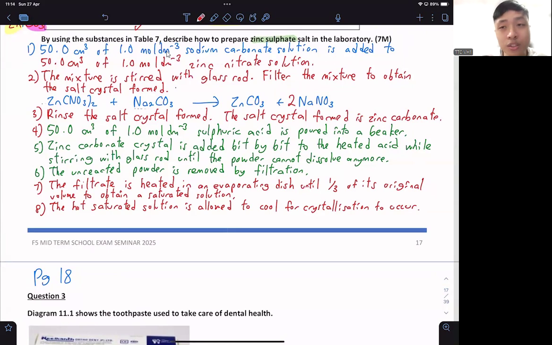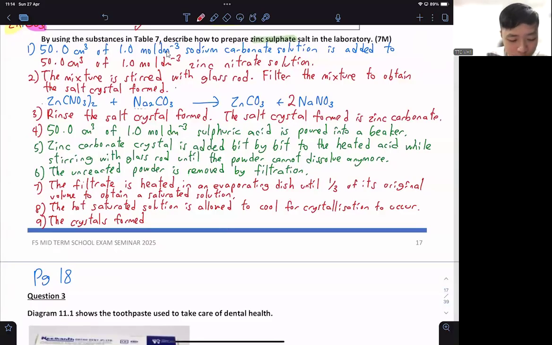Crystallization means the phase where your solid finally forms, the purple or blue colored salt you produce. Then the last one, the crystal form. Remember you talk about heat and cool, right? Heat, cool.